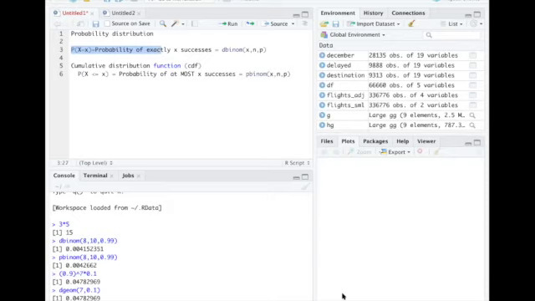This occurs when we know, on average, how many times a certain thing occurs in a fixed amount of time. For example, if we're counting how many cars go over a bridge in a minute, we might ask ourselves, how likely is it that 4 cars drive over this bridge in the next minute?